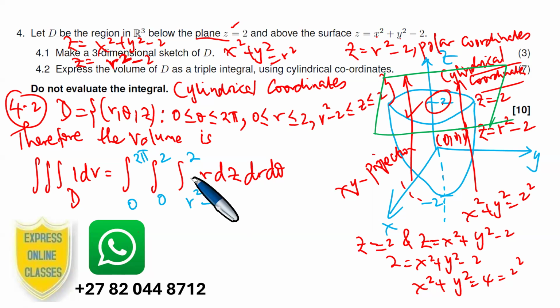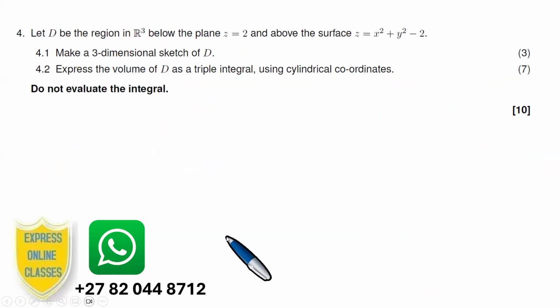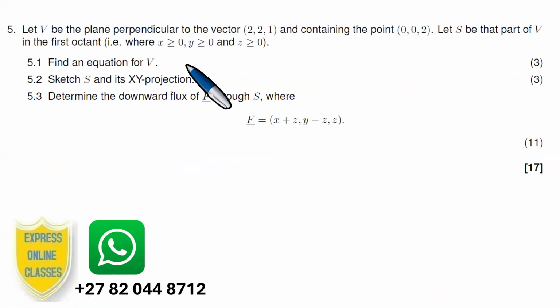Okay, so we have done that one. Let's look at the next question, question 5. Let V be the plane perpendicular to the vector 2, 2, 1 and containing the point 0, 0, 2.